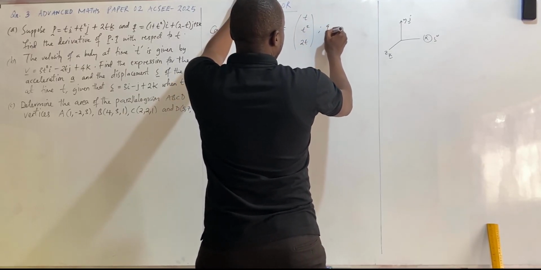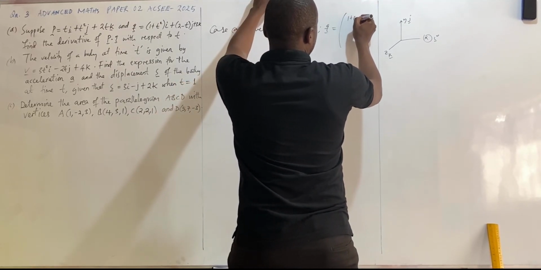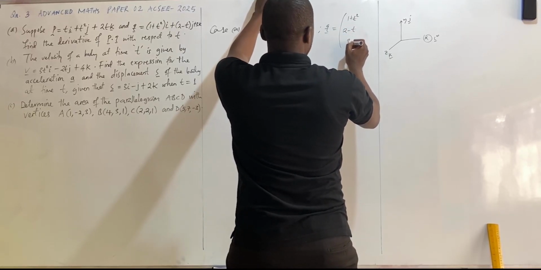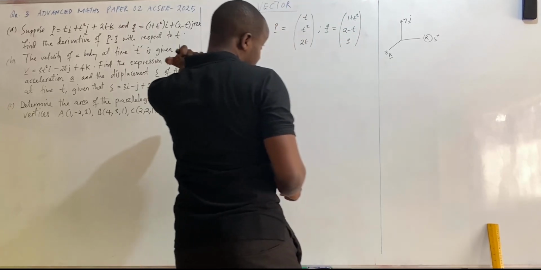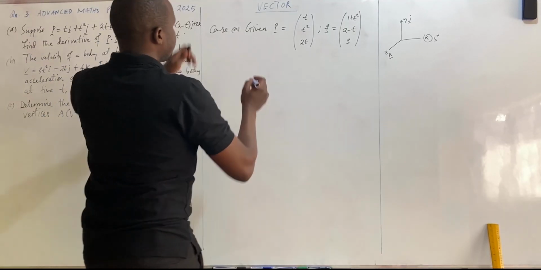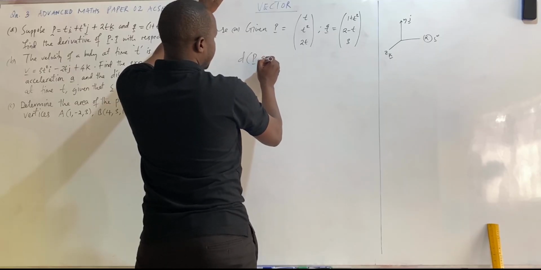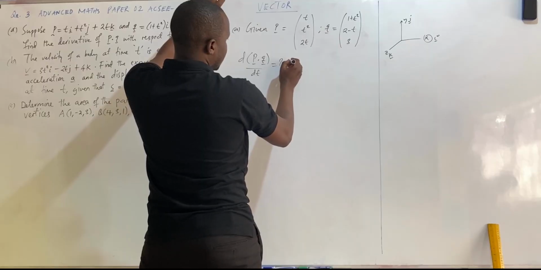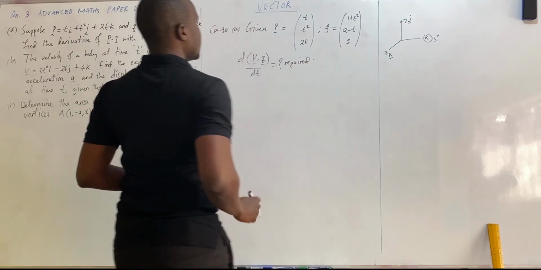And we are also given this vector Q. In matrix form, it looks like 1 plus T square, then 2 minus T, then here we have 3. So it just looks like that. Then from there, we are told to find the derivative of the dot product of P and Q with respect to T. This is what is required.